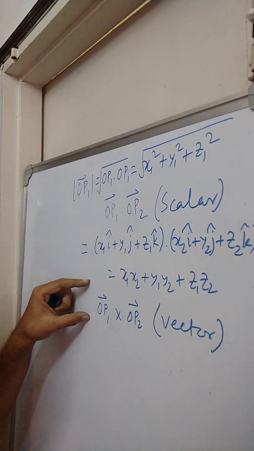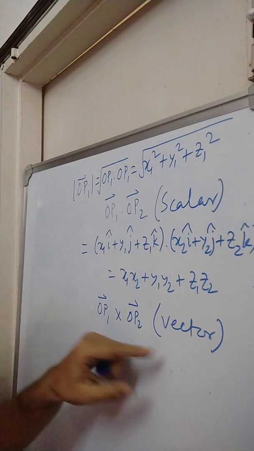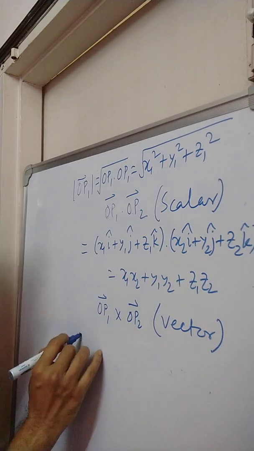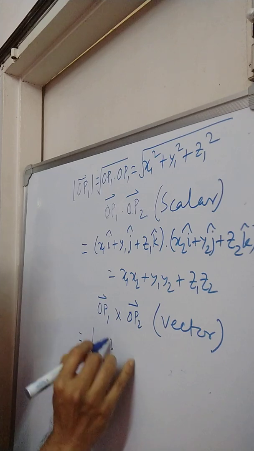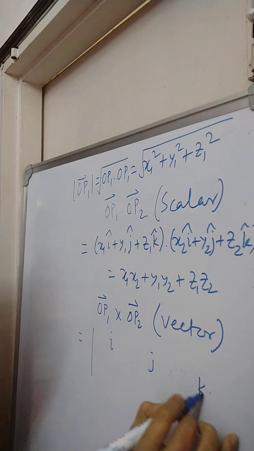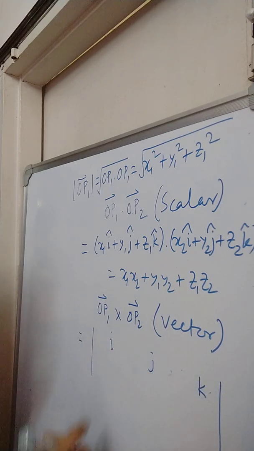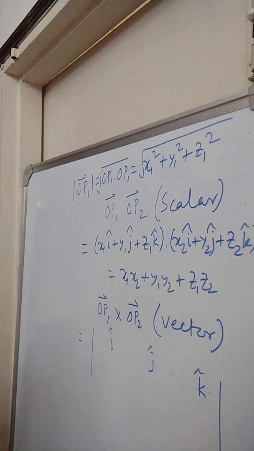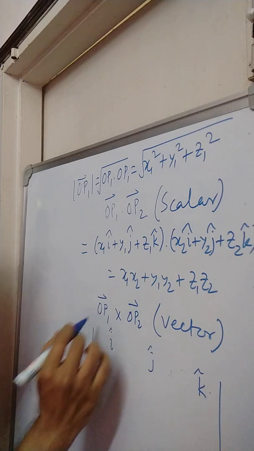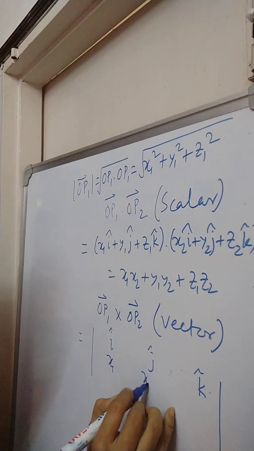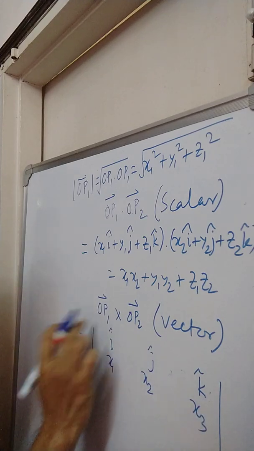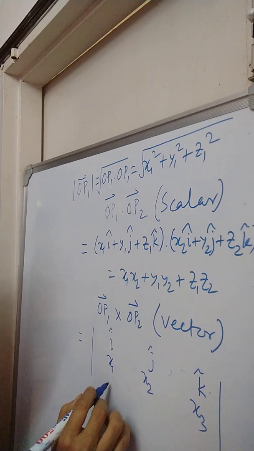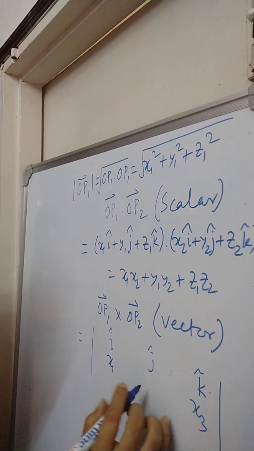And what about the cross multiplication or vector multiplication? This we define with the help of a matrix, and we put i cap, j cap, k cap, the three unit vectors in the first row. Then come the components of the first vector, and then, sorry, this is x1, y1 and z1.